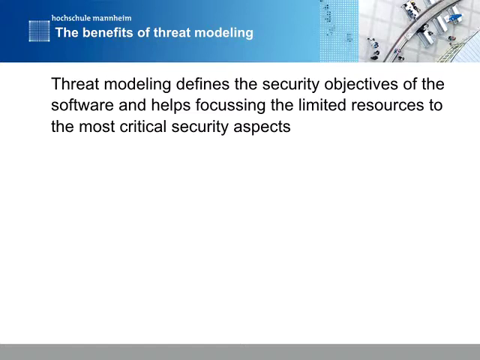Threat modeling defines the security objectives of the software and helps focus the limited resources on the most critical security aspects. As I mentioned already, at the core of threat modeling is the idea that you will not be able to make a software 100% secure.